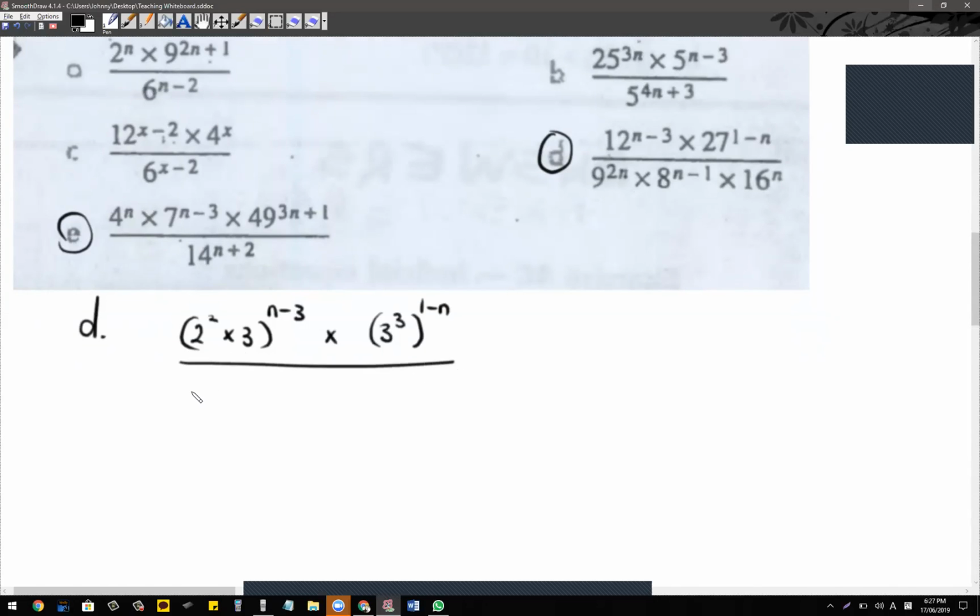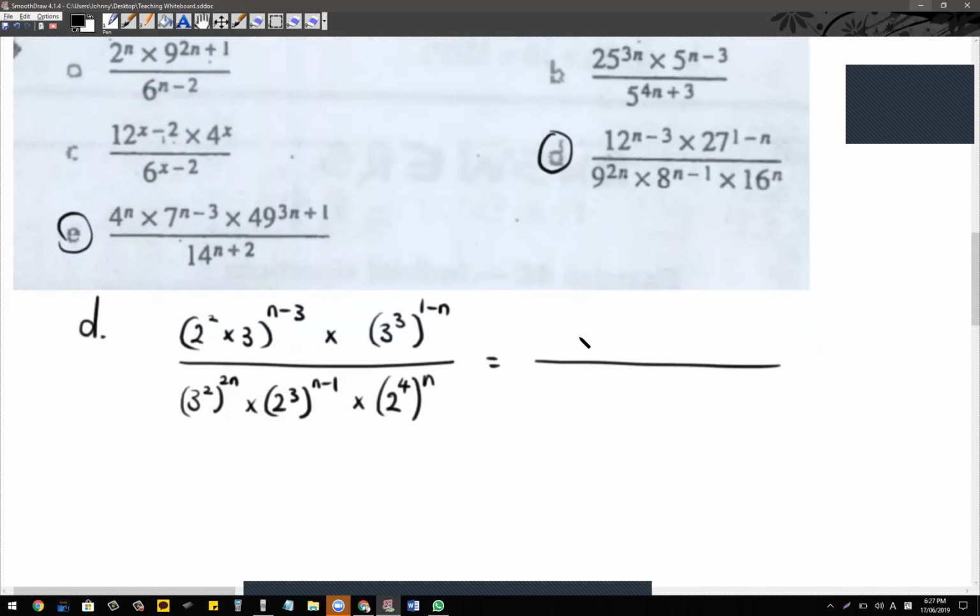Divide. This is 3 squared to the power of 2n. 8 is 2 to the power of 3 to the power of n minus 1. 16 is 2 to the power of 4, 2 times 2 times 2 times 2 is 16. So you've got it down in terms of 2s and 3s.